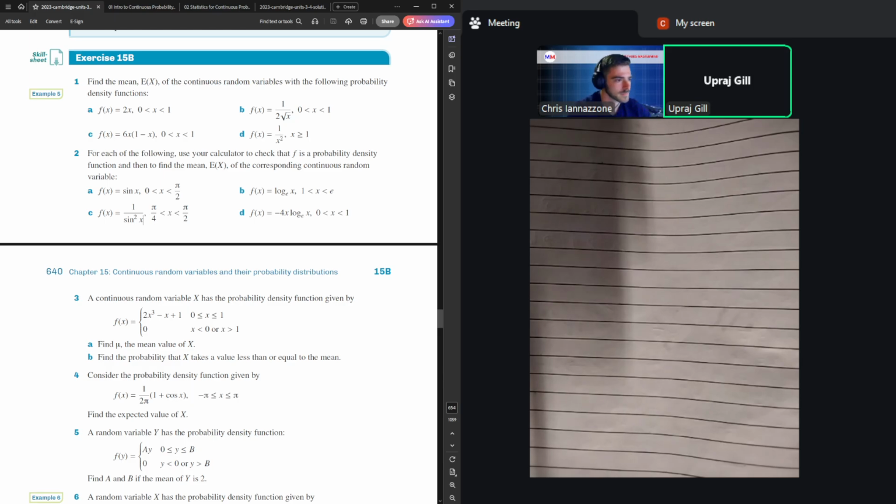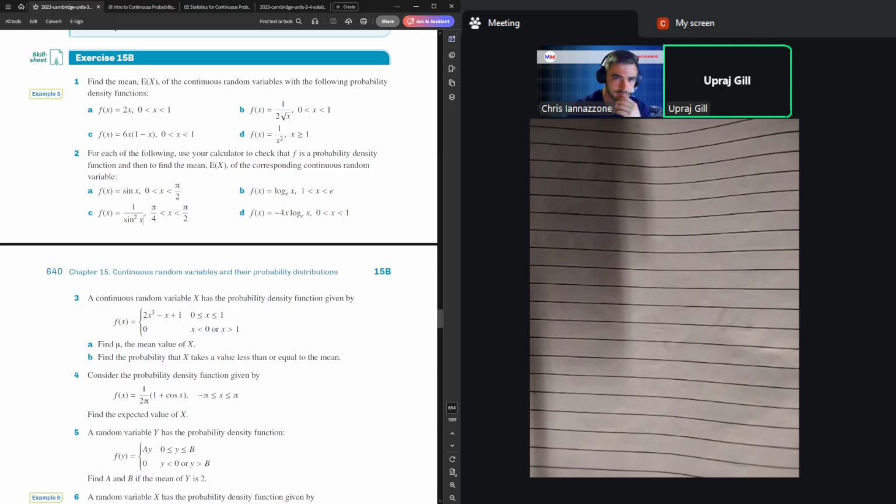Okay, boom. Okay, so it is a probability density function.